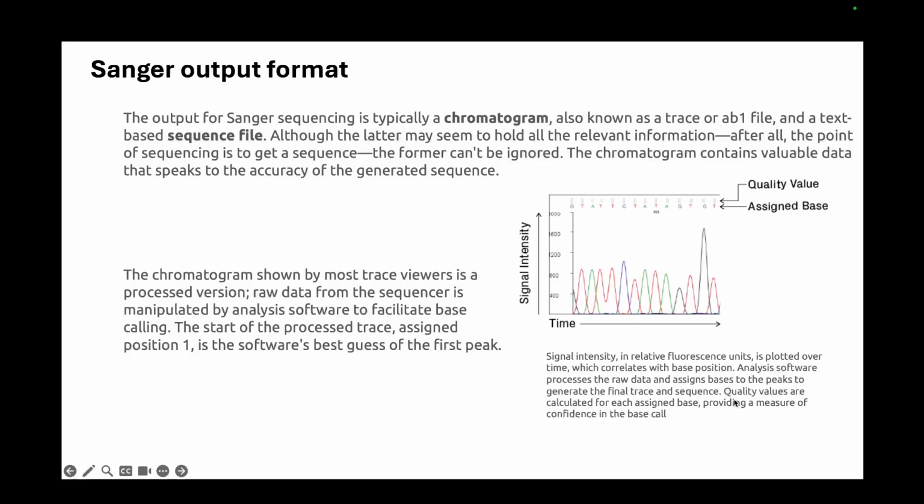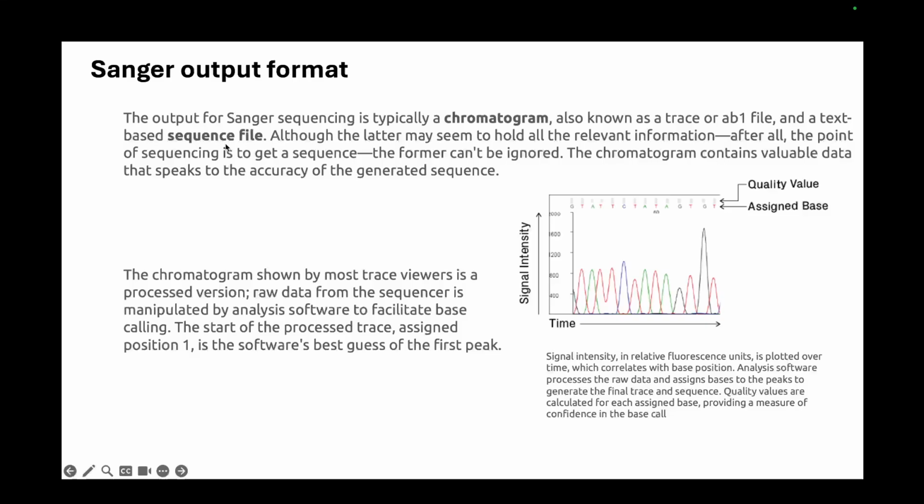So the output of the Sanger sequencing, if you recall, in this case, is basically a chromatogram which tells you what kind of fluorescence or what kind of light has been emitted for a particular base.